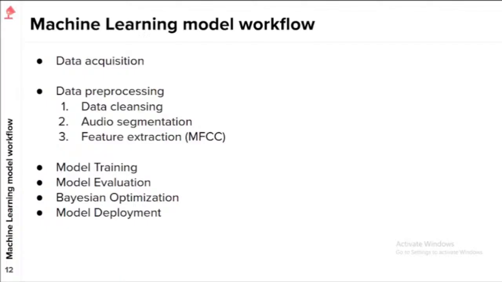The next part is audio segmentation, where the audio will be segmented. You can eliminate the noise and focus more on the part that has to be highlighted, like the spectral envelope. The spectral envelope is the overall shape and distribution of the energy over different frequencies, like you saw in the previous slides. Each call has a unique spectral envelope, and this is where feature extraction comes in.